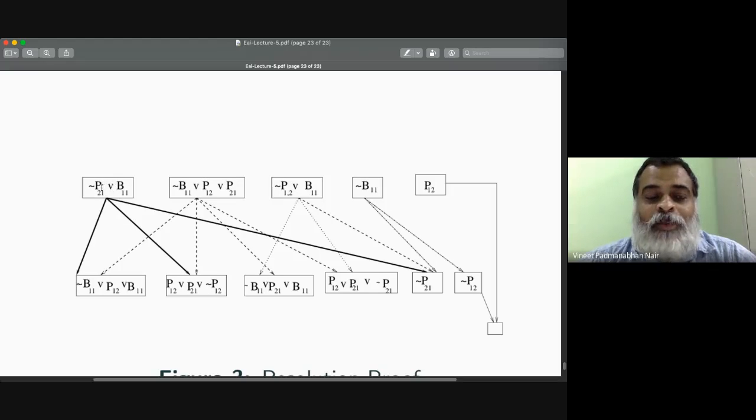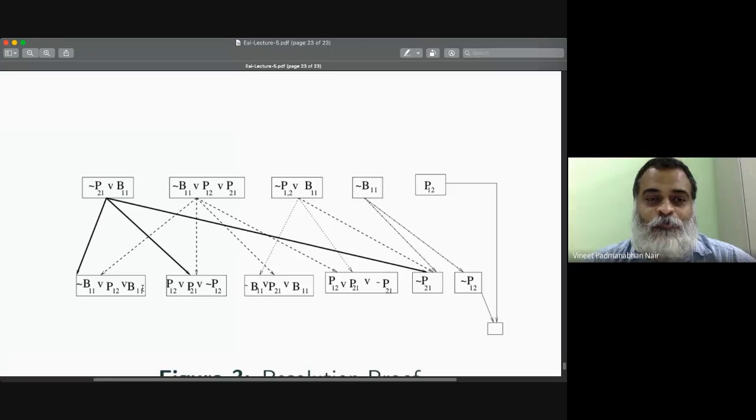He is trying to find whether there is a negative literal in the first box and a positive literal in the second box. Yes, there is. Not P21 and P21 are there. He cancels that, and then what remains in the first box is B11, and in the second box it is not B11 or P12. He is pulling that out and putting it in the first box at the bottom.